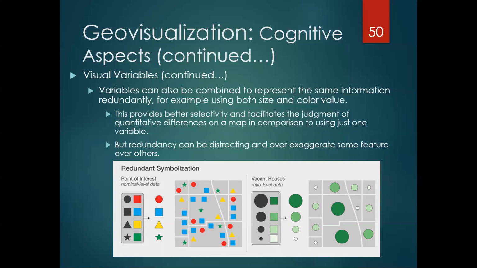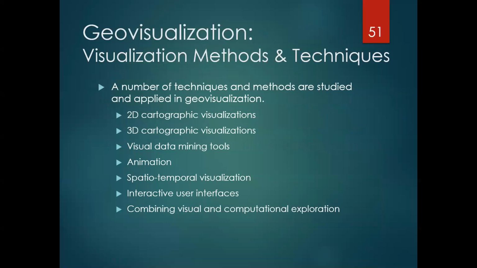We can also tell from the grayscale of the green. So employing the use of variables is pretty important, and it's hard. Okay, I will stop here, and from the next part, I'm going to talk about visualization methods and techniques. Thank you.